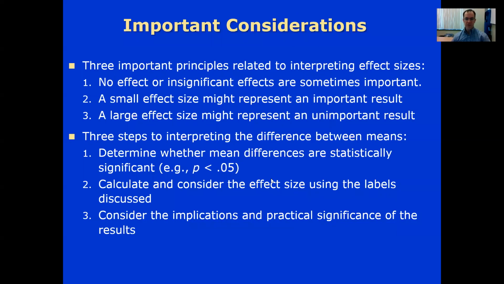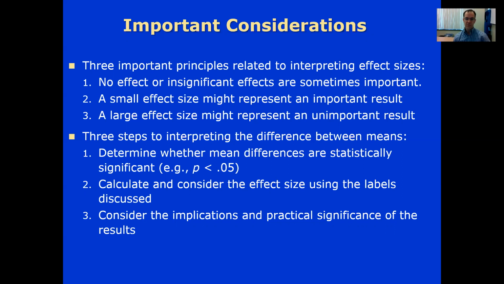Now further, there are 3 steps to interpreting the differences between means. First, determine whether the mean differences are statistically significant, as we showed in the table. So that'd be one of the first things you want to know, is there actually a difference between the two groups. Then you want to calculate and consider the effect size using the labels discussed in this presentation.